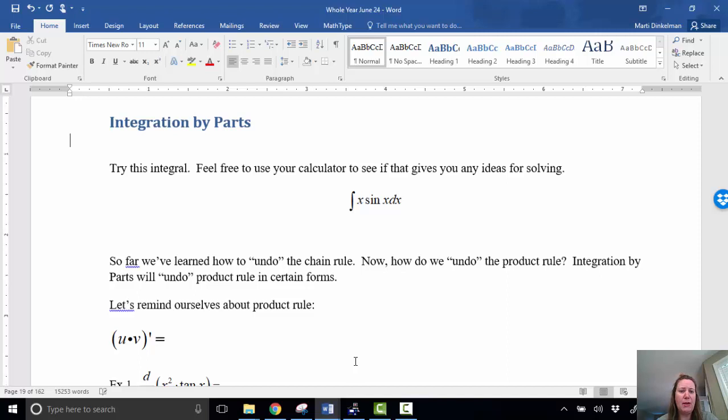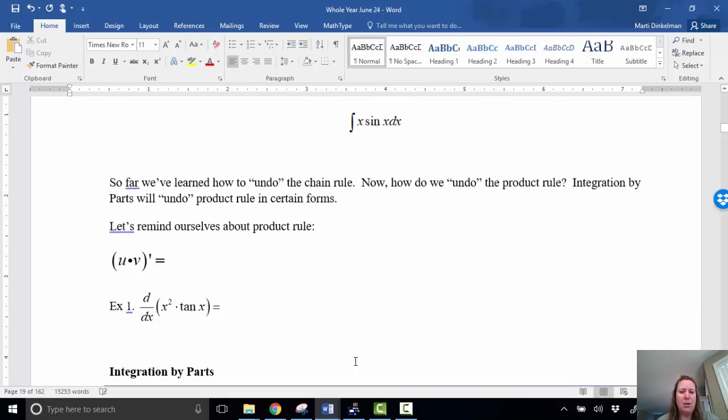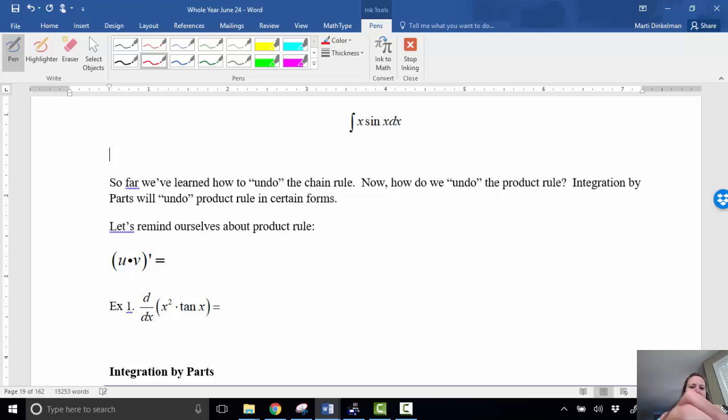Just as a quick reminder, let's remind ourselves a little bit about the product rule, once symbolically, because I'm going to show you something in a second where we'll need that symbolism, and then once with just a derivative. If I have u times v, the way I'm going to write this is the first times the derivative of the second plus the second times the derivative of the first. So for example 1, it's first times the derivative of the second plus second times the derivative of the first.